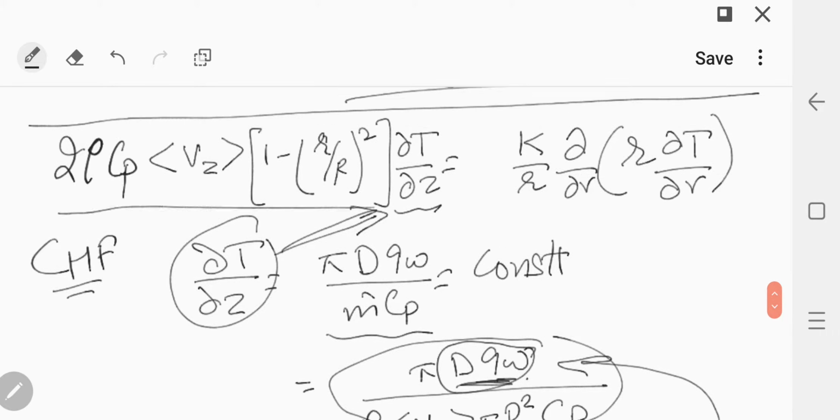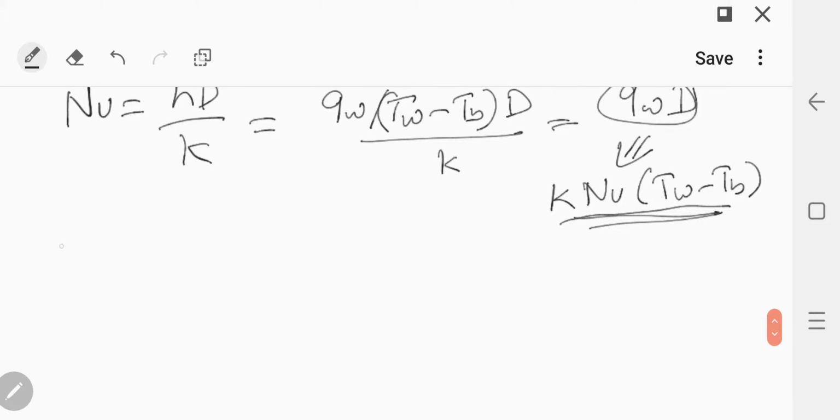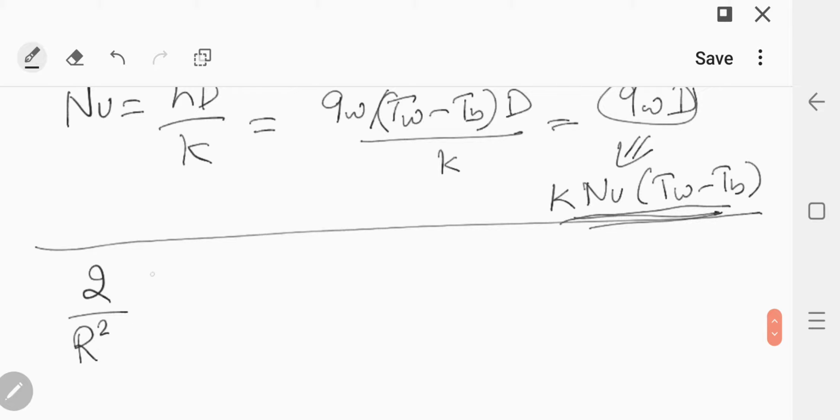in this main equation, that is this thing, we'll finally be left with, okay, let me substitute and then let's see what terms get cancelled.